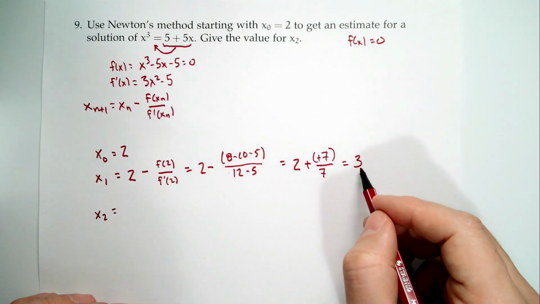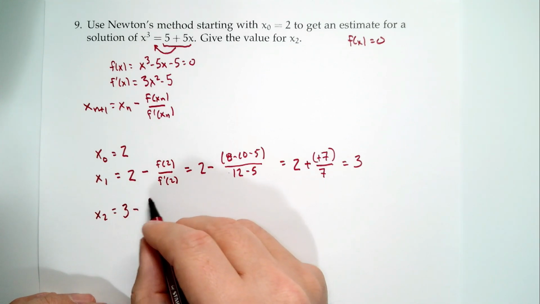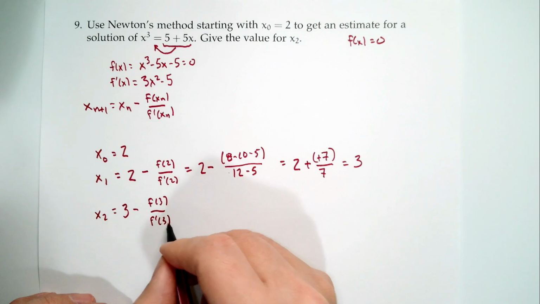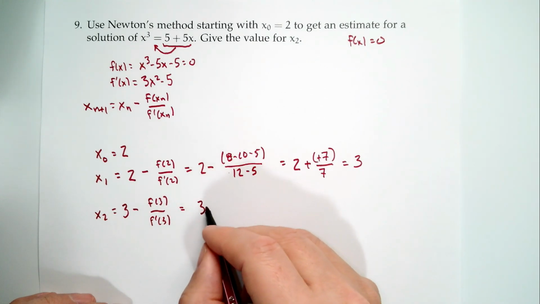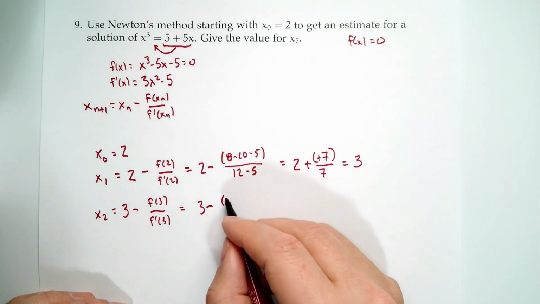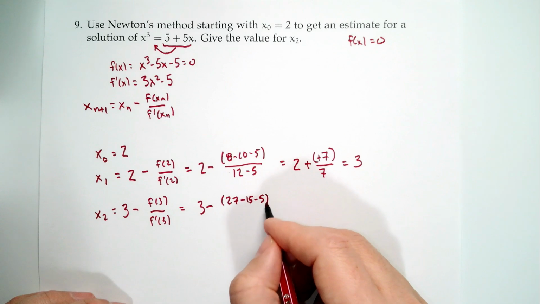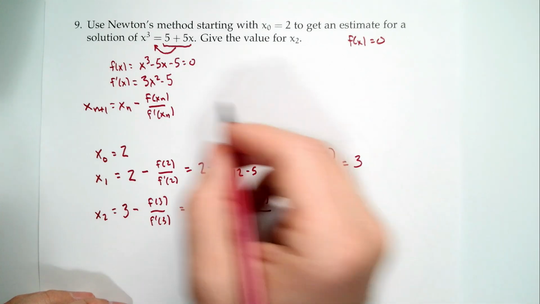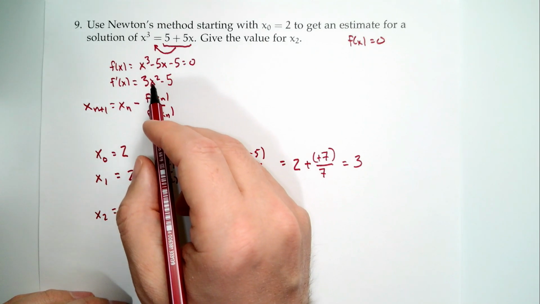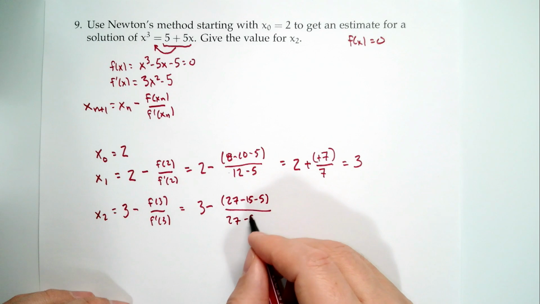Well, our previous guess, 3, minus our function at 3, divided by f prime of 3. So 3 minus, okay, plug 3 into our function. Well, 27 minus 15 minus 5. Plug 3 into our derivative. 3 times 3 squared, that's still 27 minus 5.